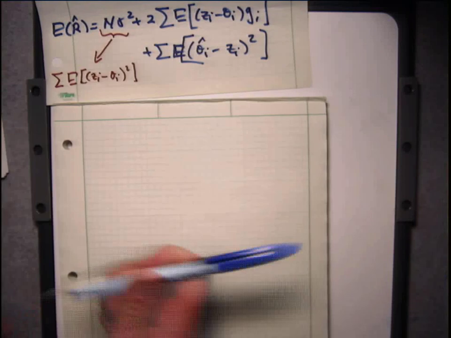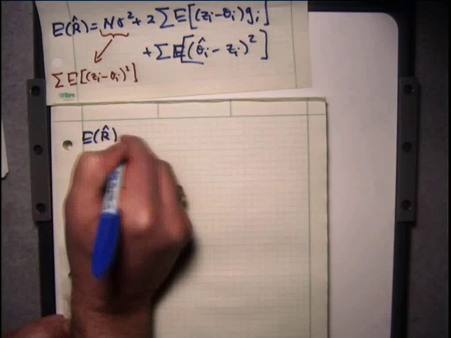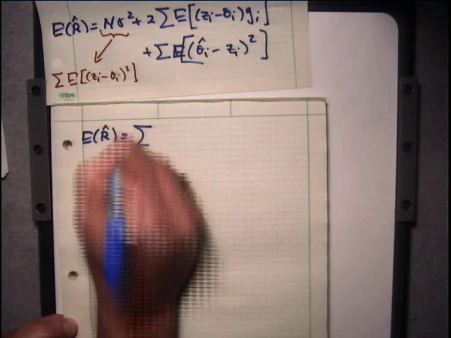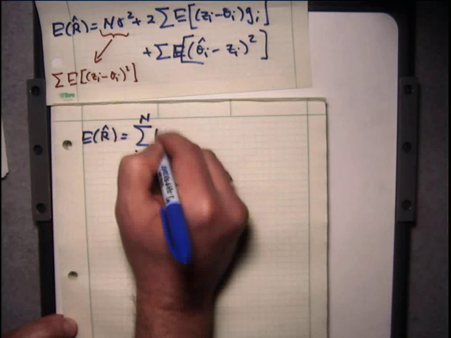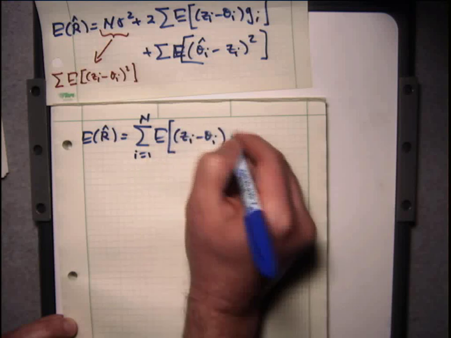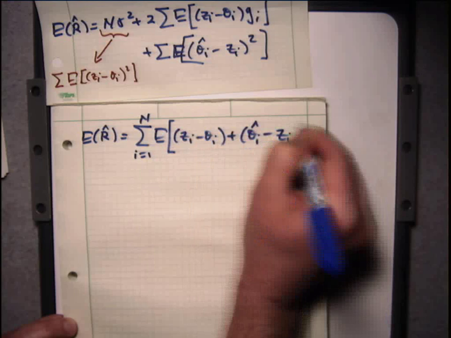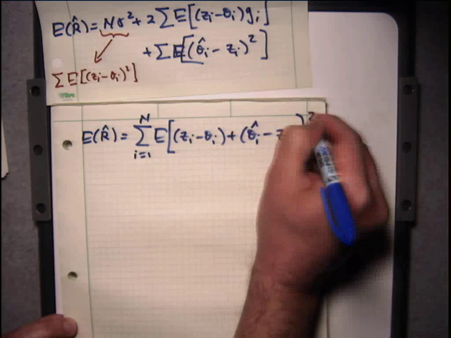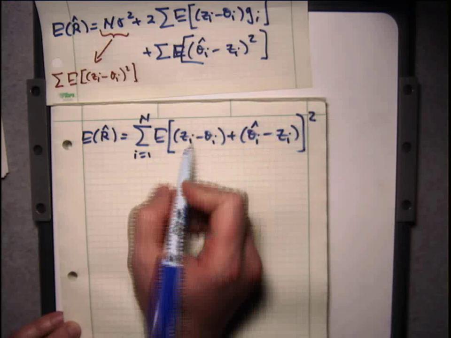What you get is the expected value of R hat. It's the sum, i equals 1 to n, of the expected value of (zi minus theta i plus theta i hat minus zi) squared. Okay? Now, something very cool happens. This cancels that.